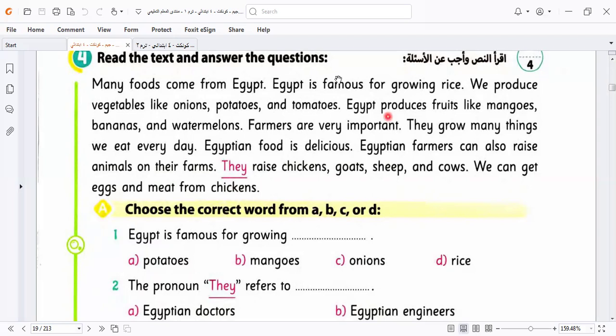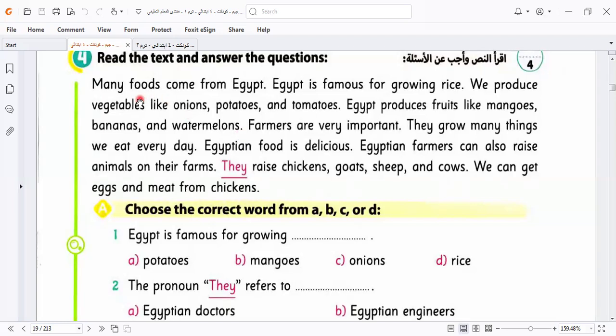So we must read the text very well to answer the question correctly, because we have tricks. For example, when we say "they" relates to what, or "it" refers to what. So we must understand the text very well to answer the question.